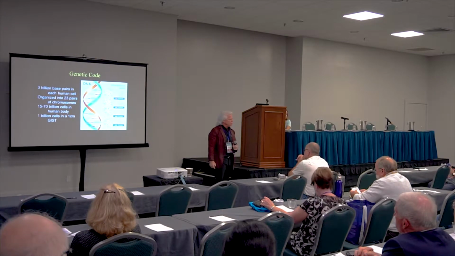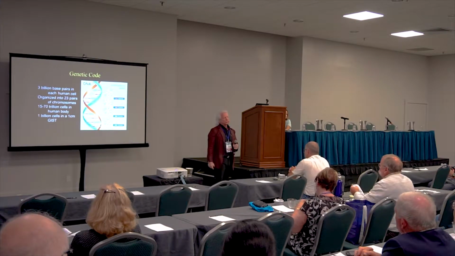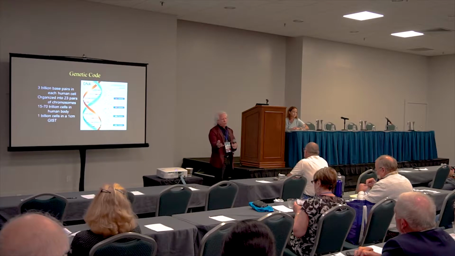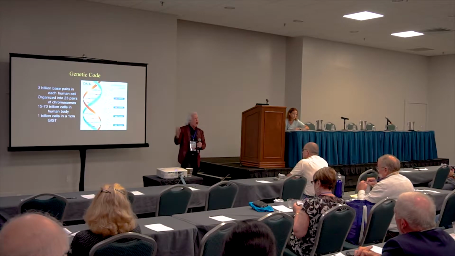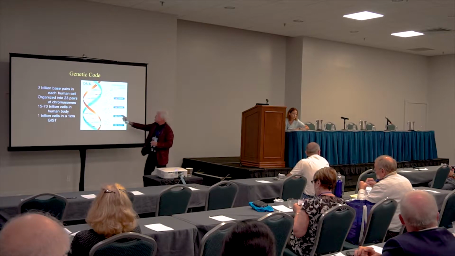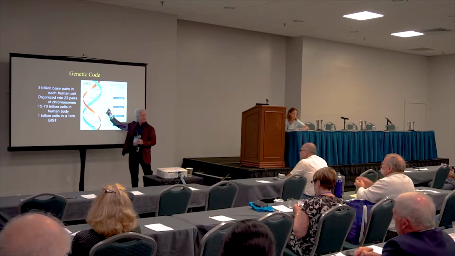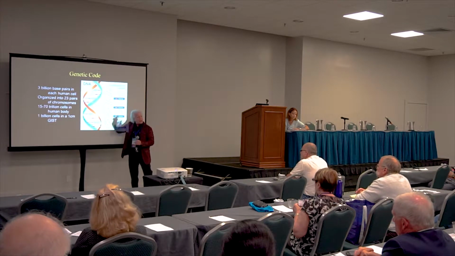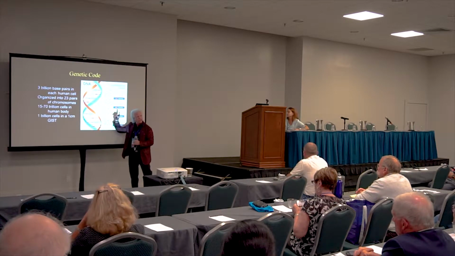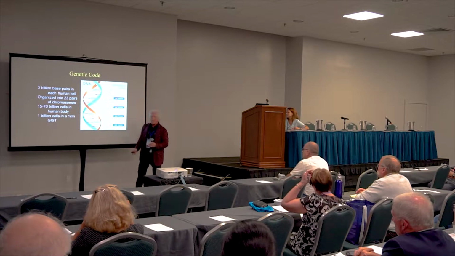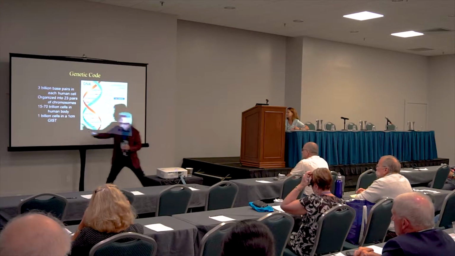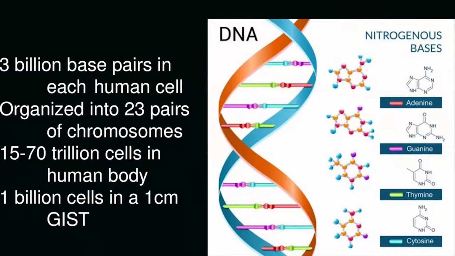In humans, we have 46 chromosomes, but each chromosome has hundreds of millions of these base pairs. And the next generation sequencing is looking for an abnormal base pair. Think about gastrointestinal stromal tumor. A piece of the tumor, literally this big, has over 1 billion cells.